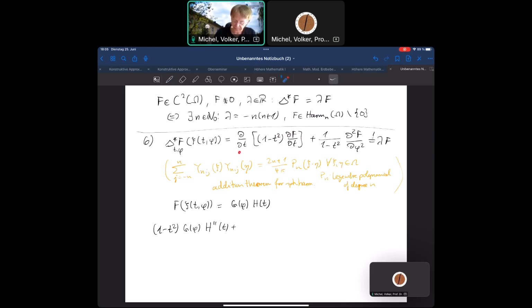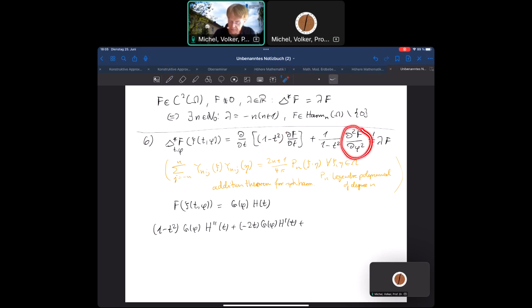Now I have to differentiate this here, and I get minus 2t, and then it's only the first order derivative of f with respect to t, and that certainly gives me g of phi h prime of t. Plus, now it's the opposite way.